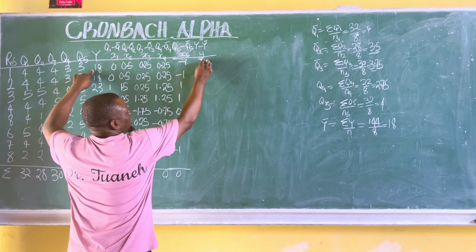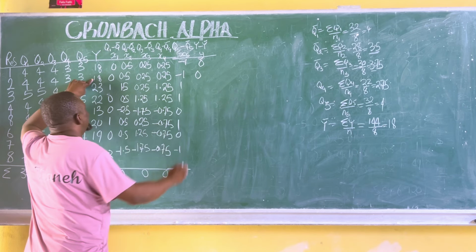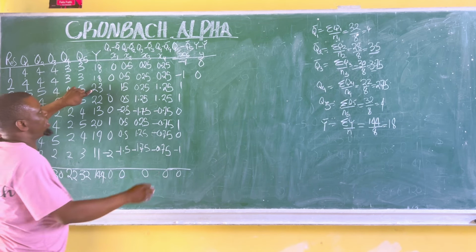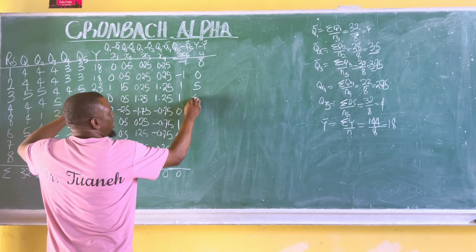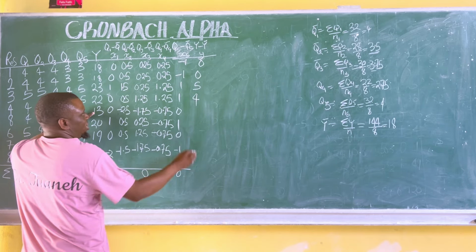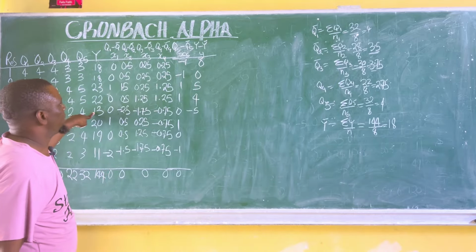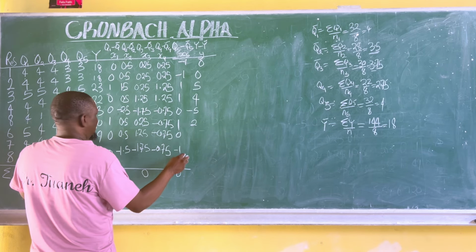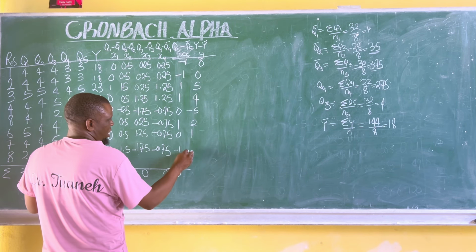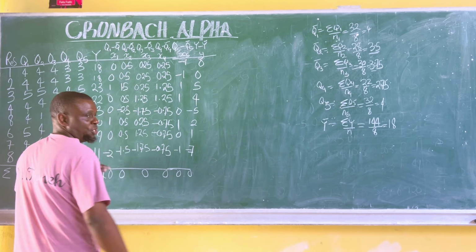So 18 minus 18 is 0. 18 minus 18, 0. 23 minus 18 is 5. 22 minus 18 is 4. 13 minus 18 is minus 5. 20 minus 18 is 2. 19 minus 18 is 1. 11 minus 18 is minus 7. From that, it will also be 0.